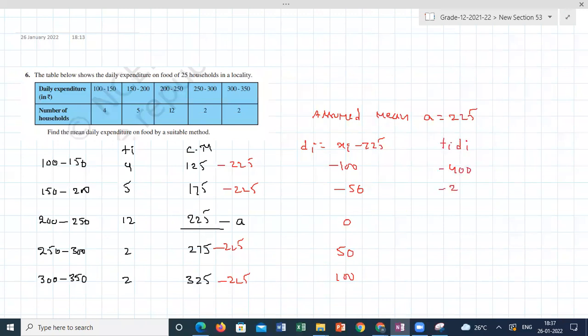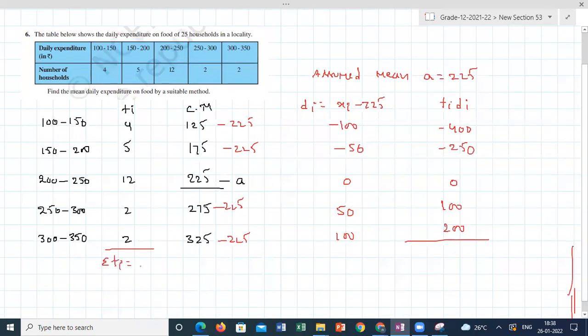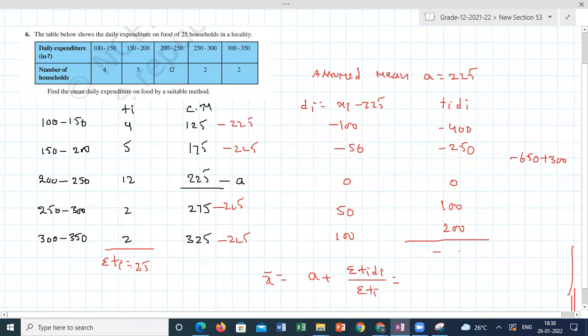Now we have to add up all the values. Sigma fi will be equal to 4 plus 5 is 9, 9 plus 12 is 21, plus 4 is 25. So 25 is sigma fi. The mean is a plus sigma fi di by sigma fi. Sigma fi di is minus 650 plus 300, I'm getting minus 350.